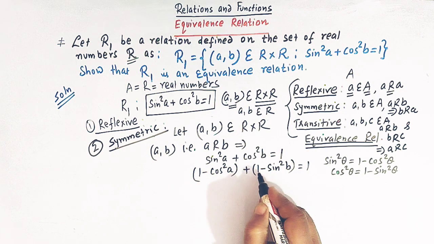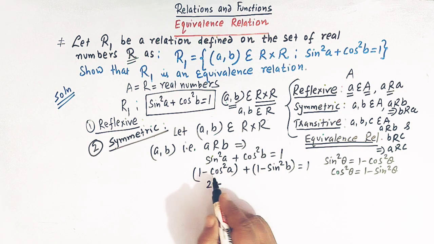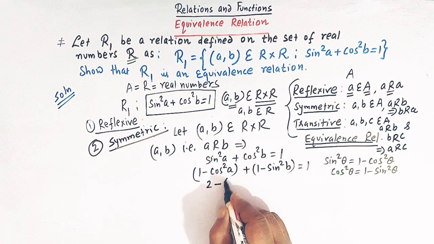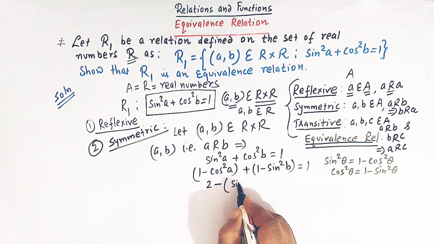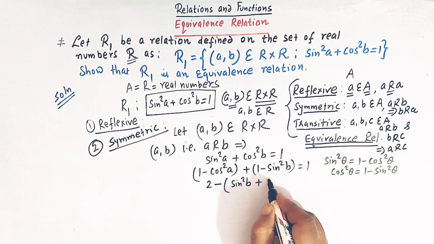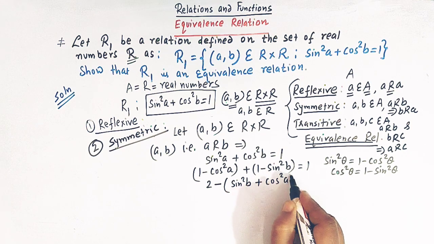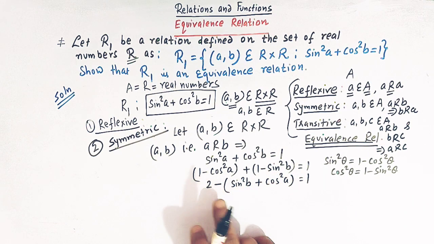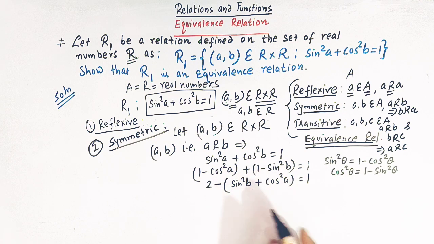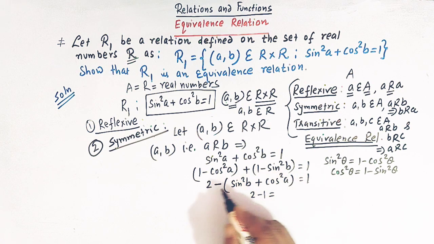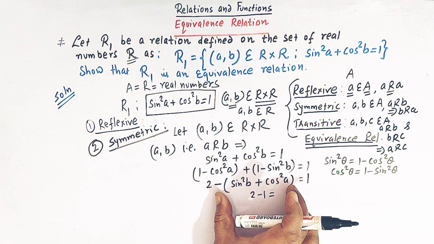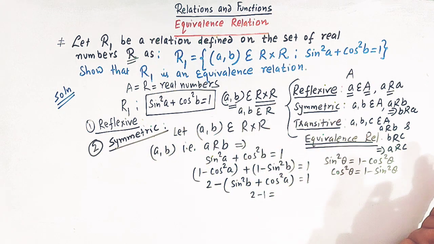So here we have 1 plus 1 is 2, and we can take the negative sign common, so we have sine square B plus cos square A is equal to 1. So this equation can also be written as 2 minus 1, taking 1 to this side and this entire term to the right hand side.